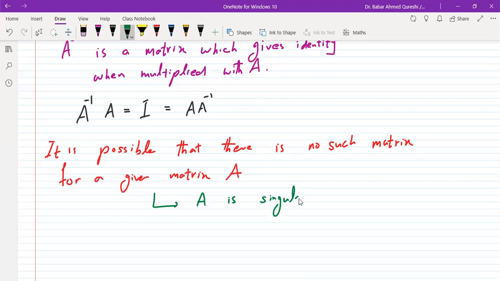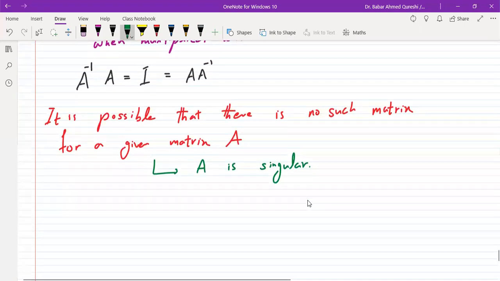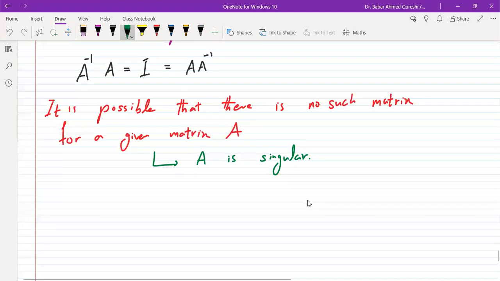There's some terminology. And if you can find, by find I mean if it exists, it's not about whether you are smart enough or not. If there exists a matrix with such a property that it multiplies A and gives you identity, then you say that A is non-singular.